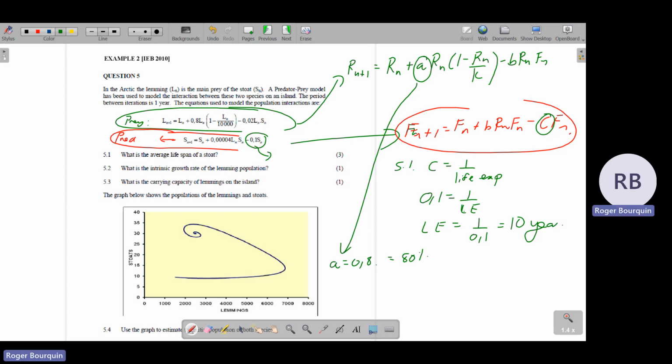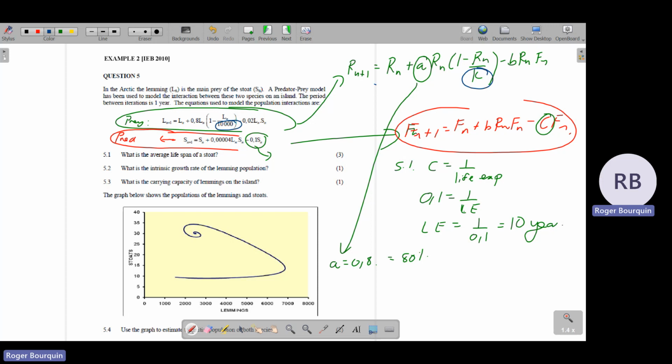All right, next one. What is the carrying capacity of lemmings on the island? Again, it's matching up formulas. Carrying capacity is K, right? So it's a question of matching up your formulas. Here is a K, and that has to do with the prey. So what's K going to be equal to? 10,000, right?